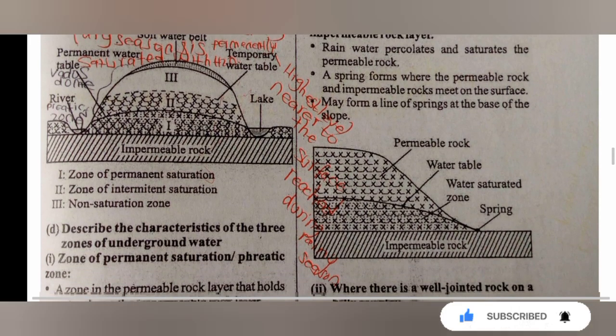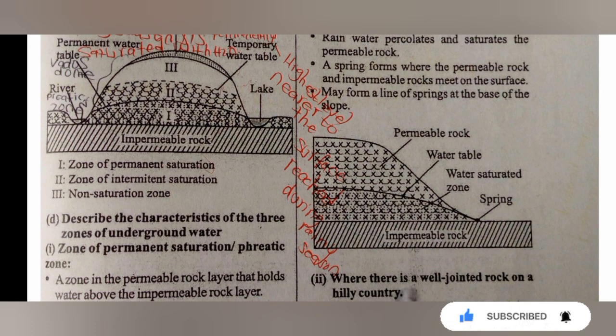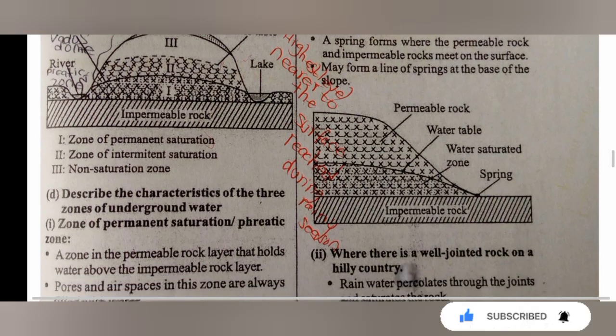You can see from the diagram we have a permeable rock, the water table, and the water saturated zone, and at that point where the zone of permanent saturation meets the impermeable rock and is exposed to the earth's surface, a spring emanates.